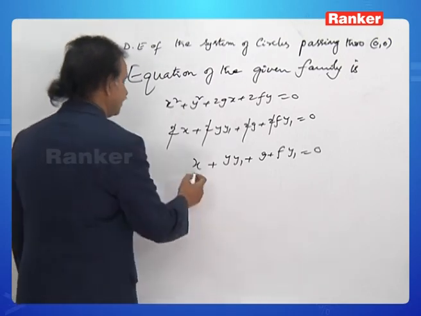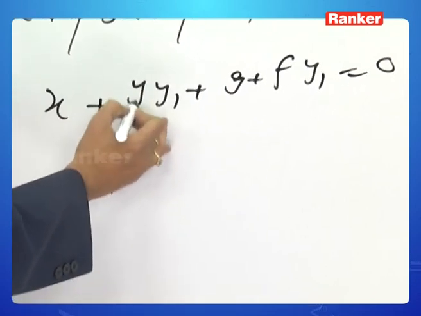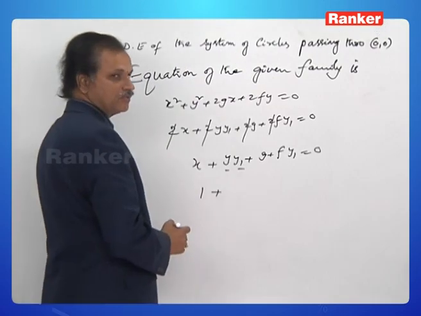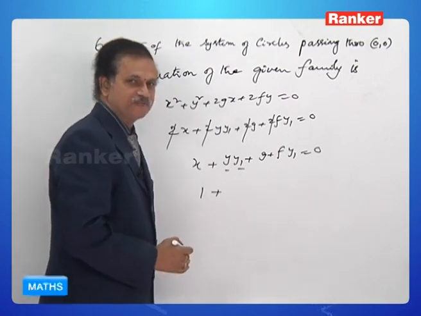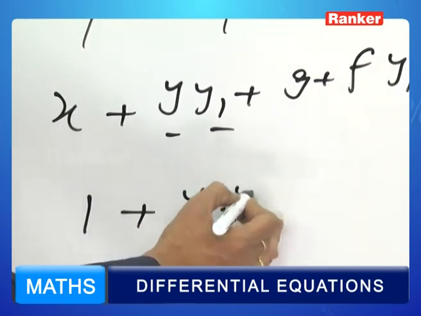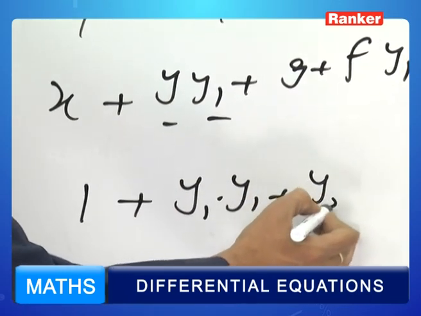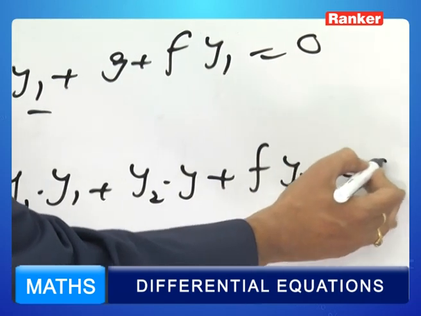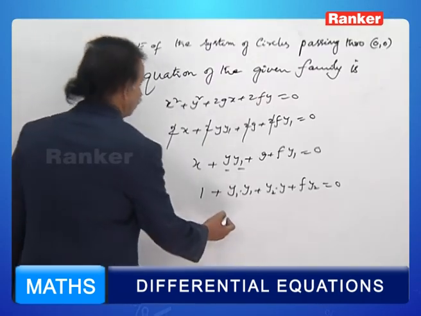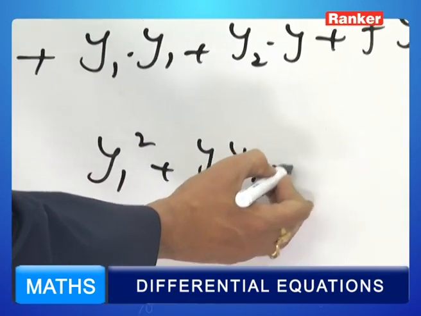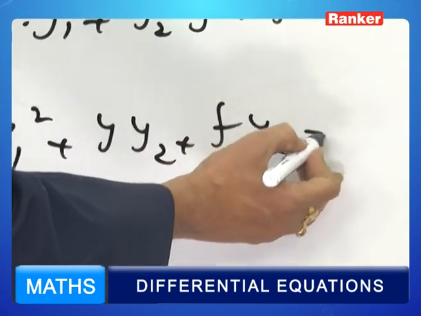Again differentiate it: 1 + y y1. You are supposed to use the product rule of differentiation in this case: u derivative into v plus v derivative into u, plus f y2 = 0. Therefore, 1 + y1² + y y2 + f y2 = 0.